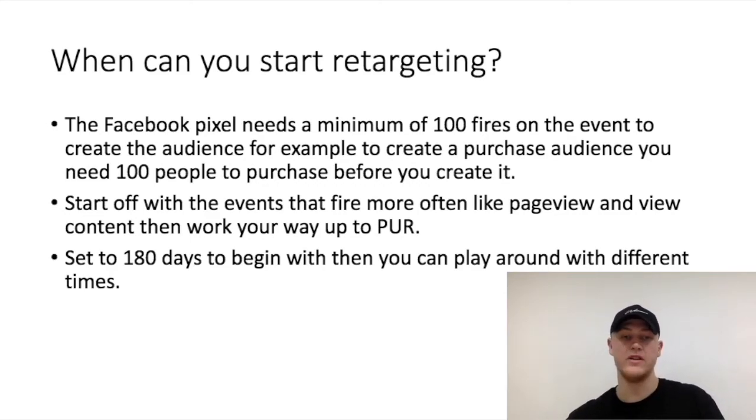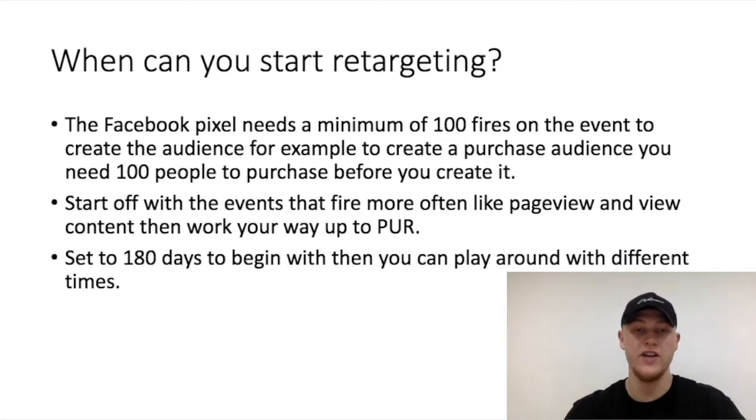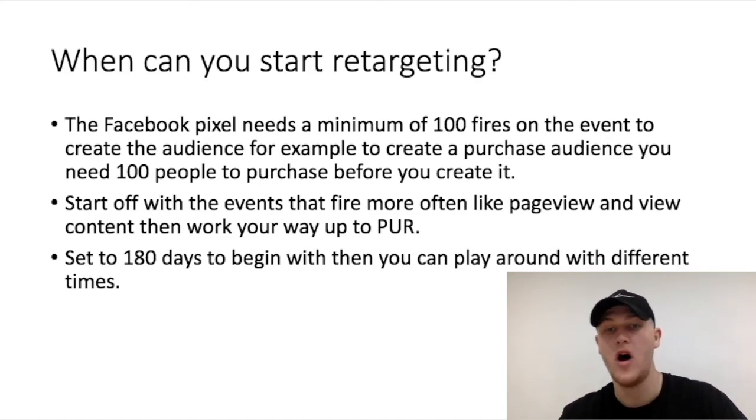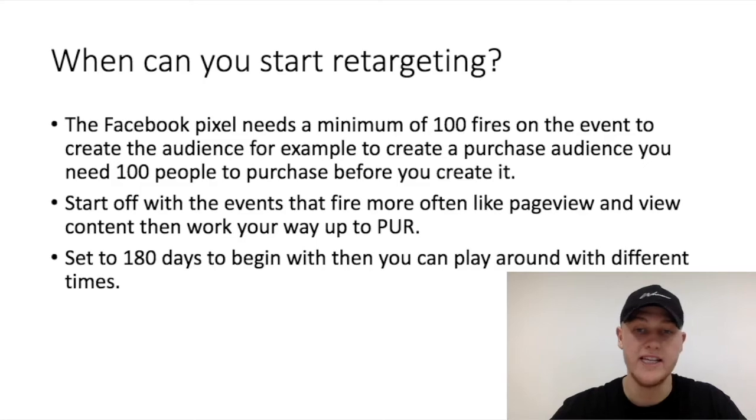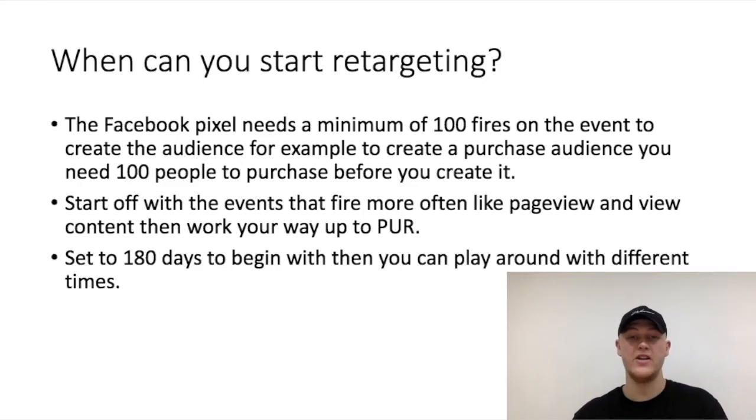So sometimes I do 7 days, sometimes I do 14 days, and I split it up just because the data is fresher and you can see where people are actually buying, because there might be a chance that people aren't buying as much in 180 days as they are in like 14 days, for example. Obviously at 180 days they're going to be a different type of customer, and in 14 days they're going to be a much more warm customer. You can offer them different products or different discounts or whatever you want, based on the timings.